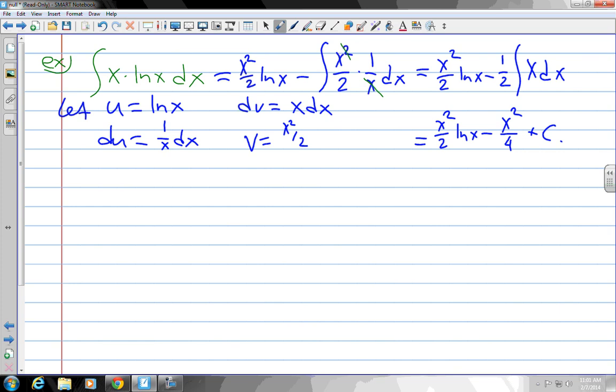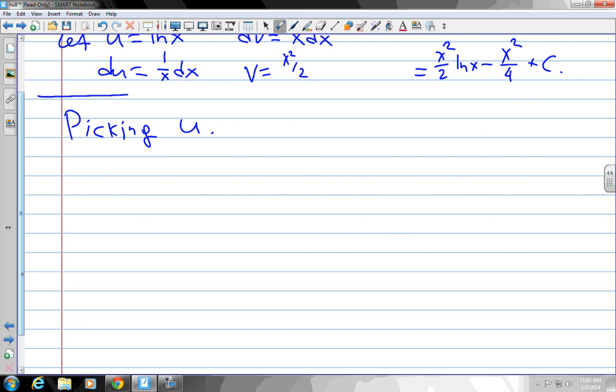And there is a way to shorten your struggles. I mean, you can reason through that. Again, you want your dv to be easy to integrate. That's one of the options. But picking u, how do you spell picking?